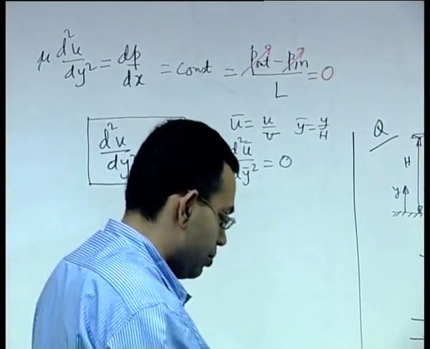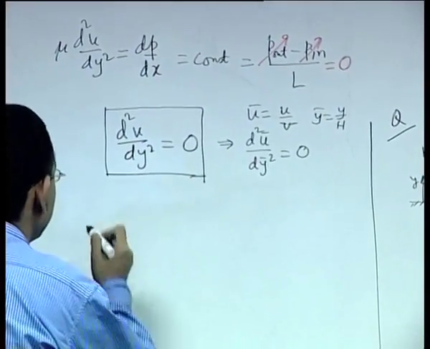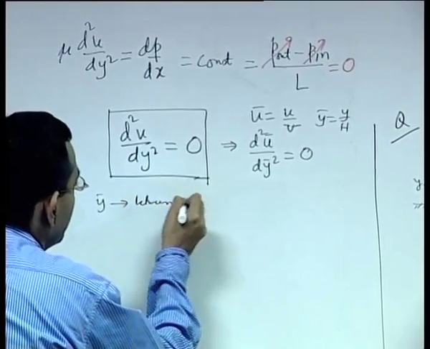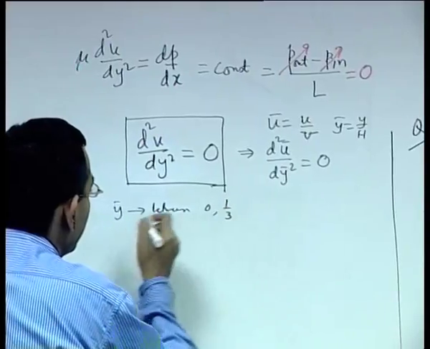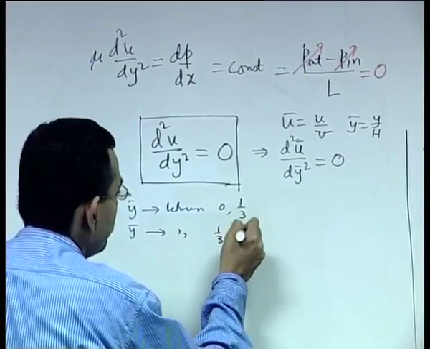So, we have two subdomains. One subdomain is y between 0 to 1/3 and another subdomain y between 1/3 to 1.